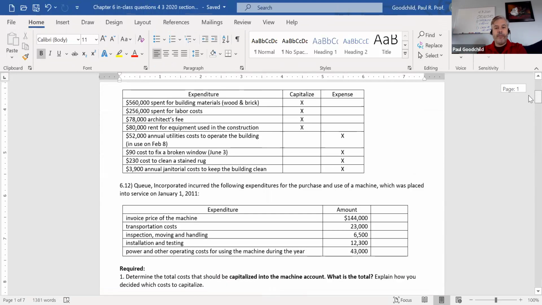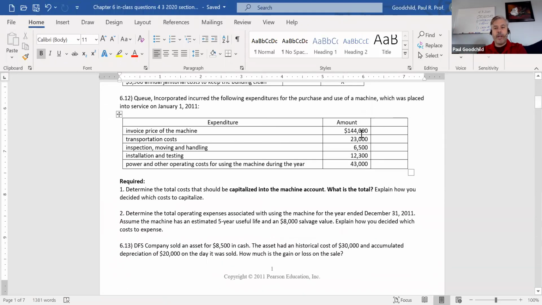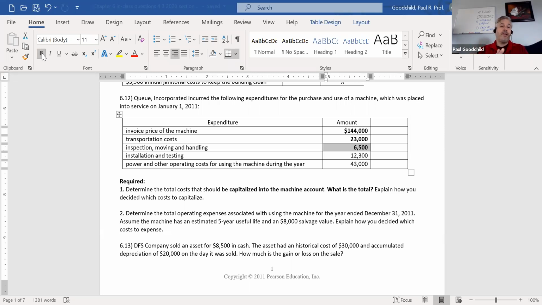So back down to this question, and most of you got it right, but a few of you might have missed the small one. We've got the price, which we know will be included. We've got the shipping costs. And then the inspection and handling: would we consider that necessary? That's kind of up for grabs. If the machine was already in service and this was part of an annual plan, we would not include that.